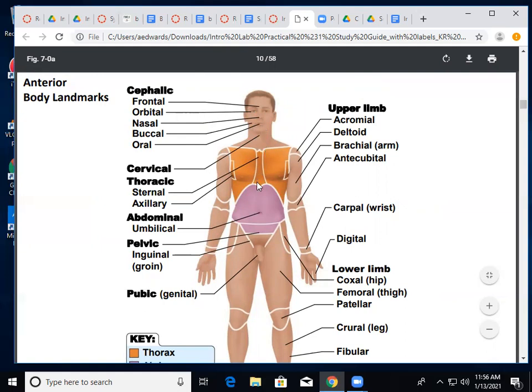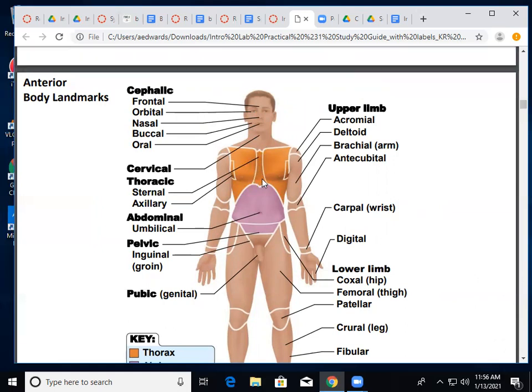Under thoracic, you have the sternal region where your sternum is. We'll learn about that when we cover the skeletal system. And the axillary region, right here at the armpits.